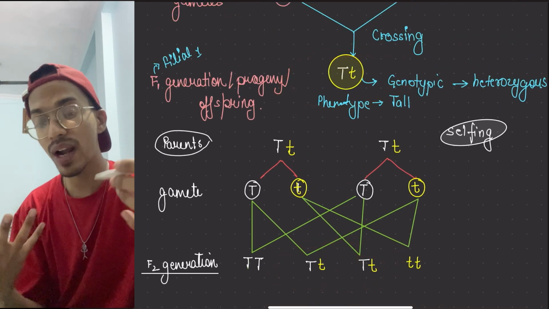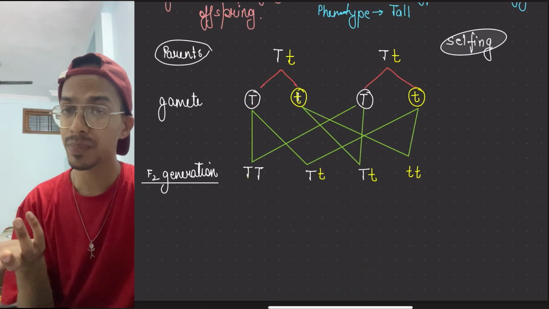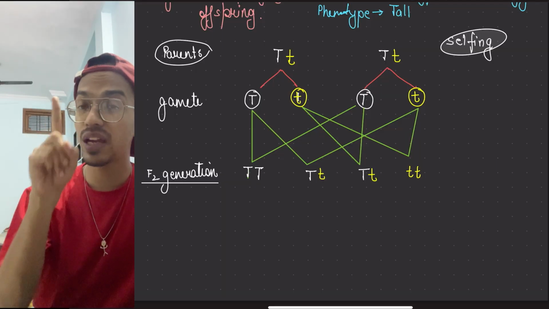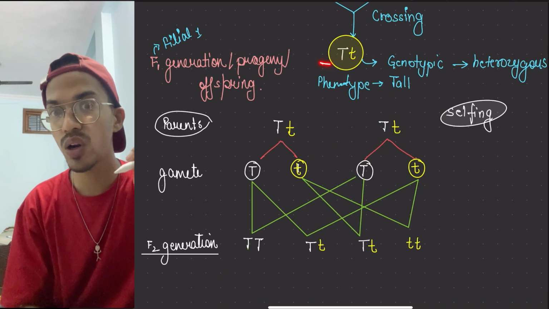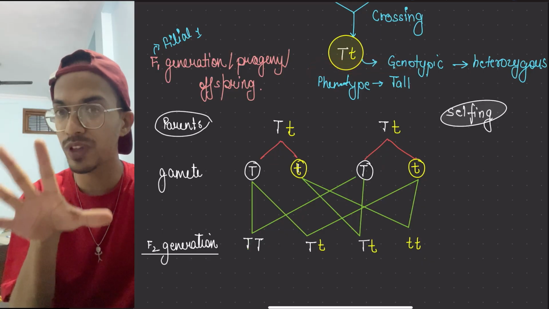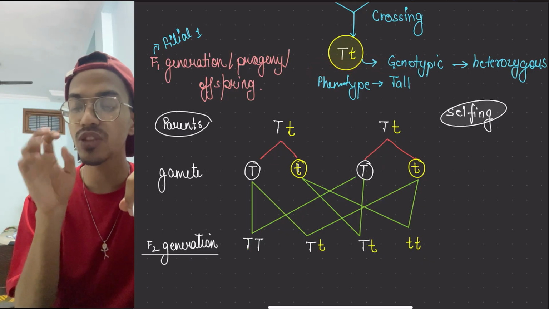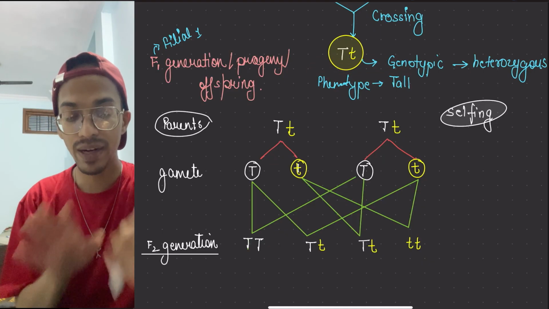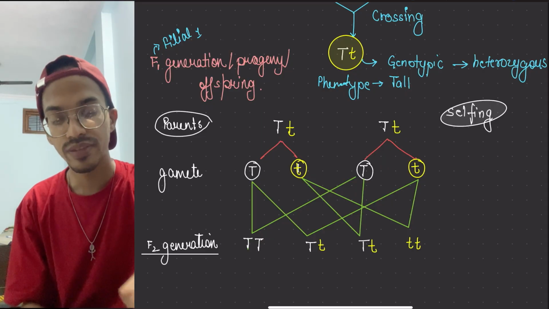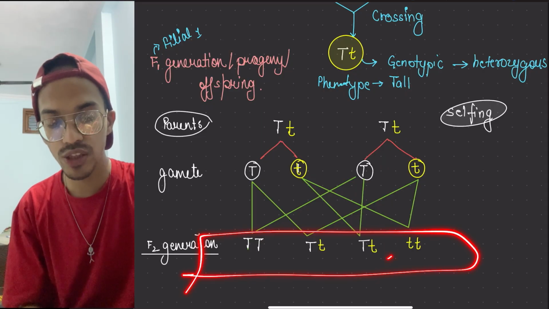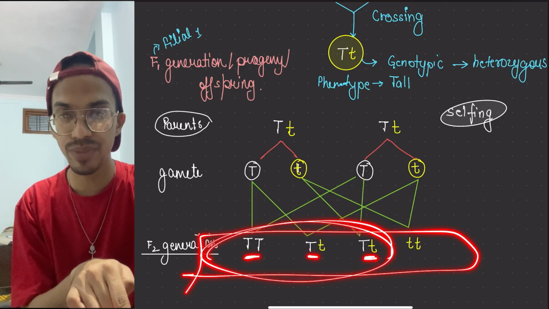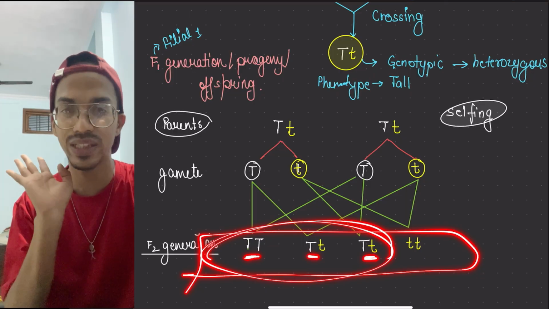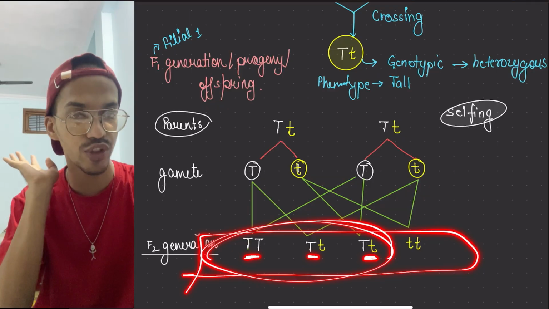Here, all of them are hybrid. Phenotypically, in the first generation all were tall. In this F2 generation, this will represent tall, because if both are hybrids, they will only show tall, 100% sure.